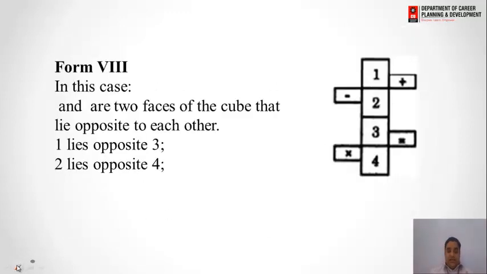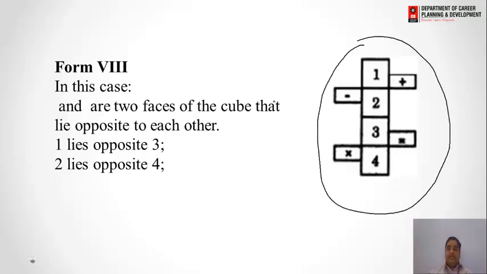In the next, eighth part, if we cut a sheet something like that, we can say 1 is opposite to 3, 2 is opposite to 4, whereas there are 2 half sides.